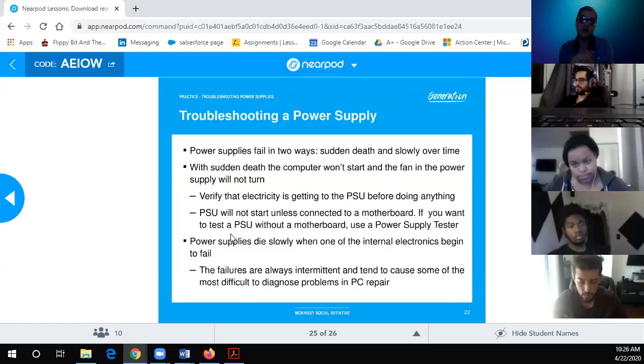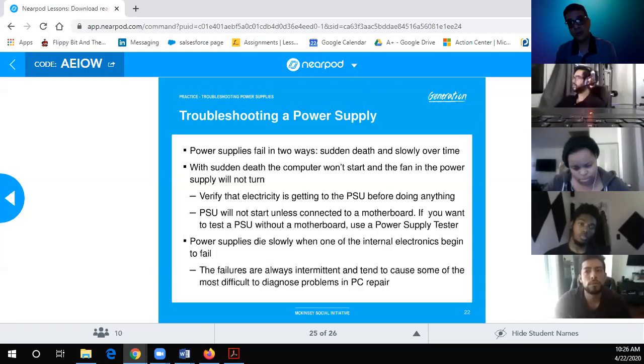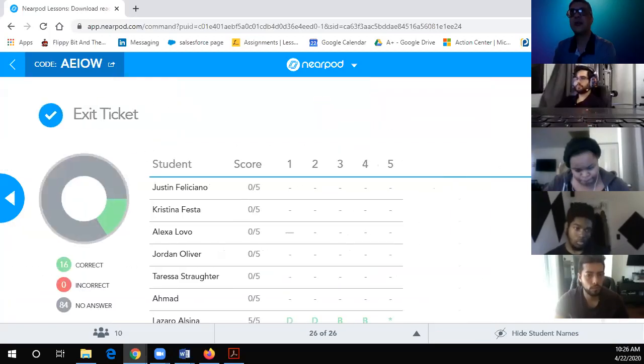If it does, one by one I start putting each cable back on to see which one causes the problem. Obviously, I turn off the computer, put the cable on, and turn the computer on again, because none of this is hot swappable, except for SATA. Power supplies die slowly when the internal electronics begin to fail. So it will slowly, like he said, all of a sudden just turn off and not want to turn on, or just get stuck on the POST.